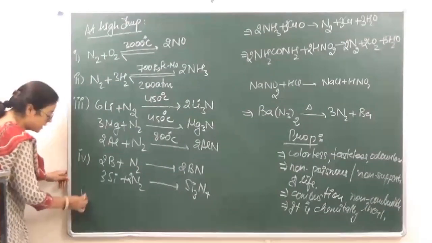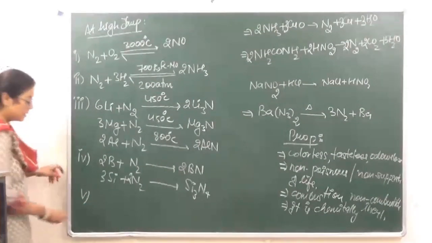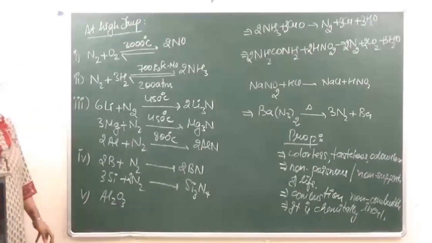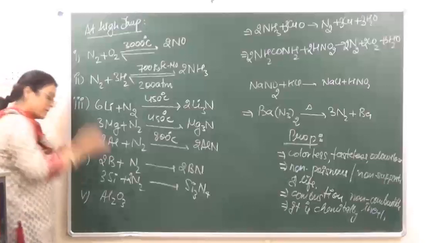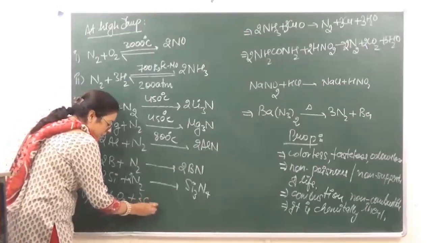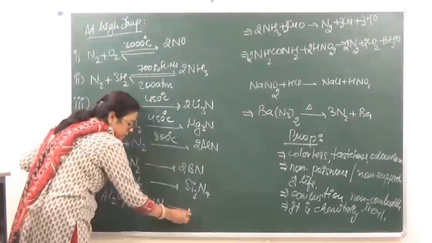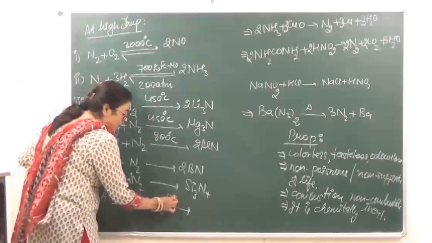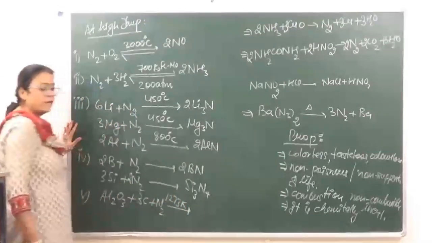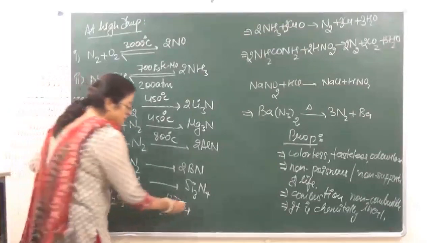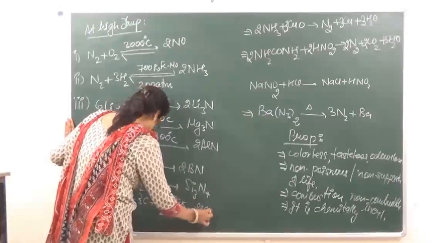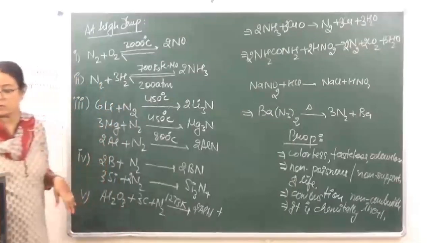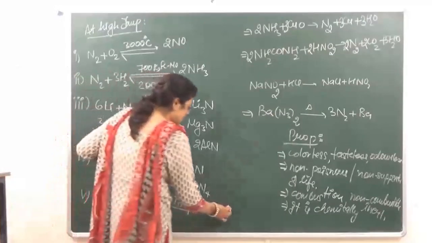It can also react with compounds like alumina. Alumina is Al2O3, ठीक है? इसके साथ ये रिएक्ट करता है carbon plus nitrogen at a temperature of 1273 Kelvin to give us aluminium nitride and with that it is going to give us carbon monoxide.